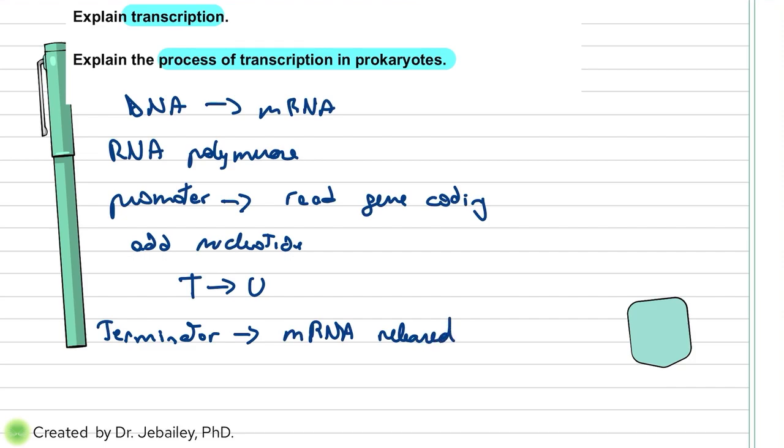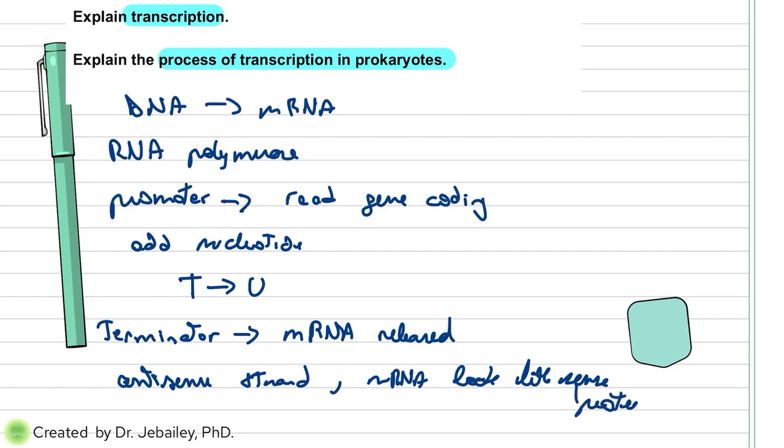And then we can say that we are reading the antisense strand. So the mRNA will look like what? It looks like the sense DNA, which actually codes for the actual protein, right? What else can I think about this?